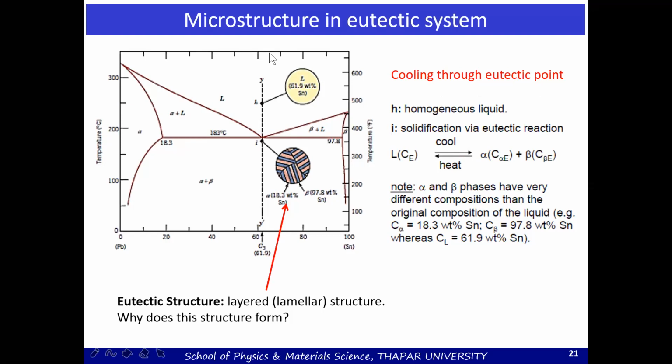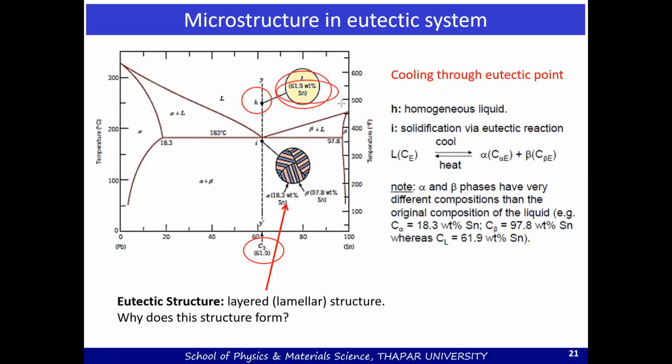So in this particular case, we have denoted a homogeneous liquid phase at one point of interest above the liquidus line at point H. Here your phase is a single homogeneous liquid phase whose concentration will be the same as along the dotted line, which in this case is marked as C3. And we know the C3 concentration, which is the eutectic concentration, is 61.9 weight percent of Sn. So you can precisely mark this point.